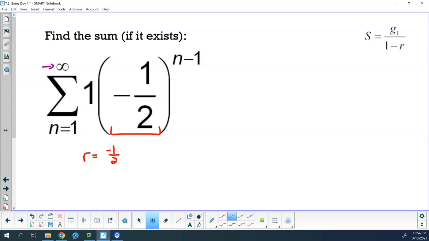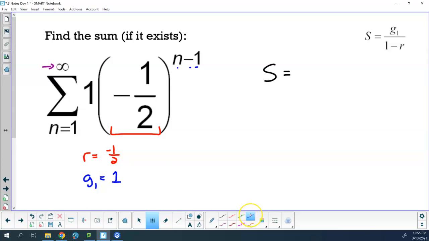Good to go so far. My first term: 1 minus 1 is 0, negative 1/2 to the 0 power is 1, times 1 is 1.